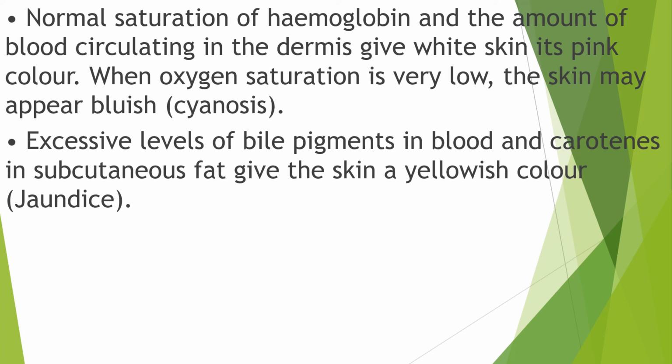You can even see the eyes become yellowish. This person will be said to have a condition called jaundice, whereby the bile is excessively excreted in the bloodstream, more than the normal expected.